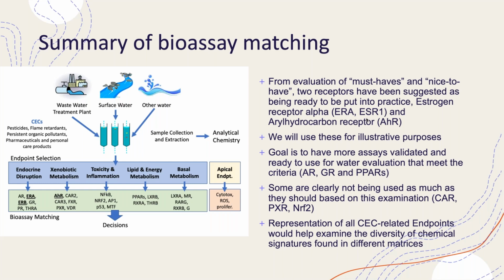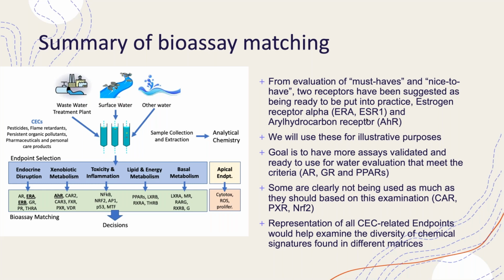Okay, so from this discussion, we've come up with some clear winners of what are bioassays that we can use to address water quality. Certainly, the estrogen receptor has been shown to interact with a variety of different compounds of emerging concern, clearly associated with endocrine disruption.